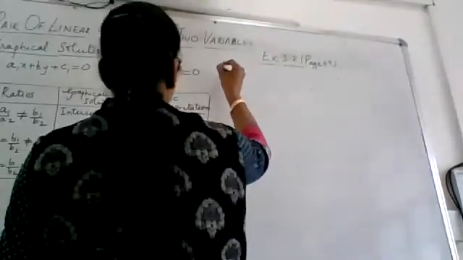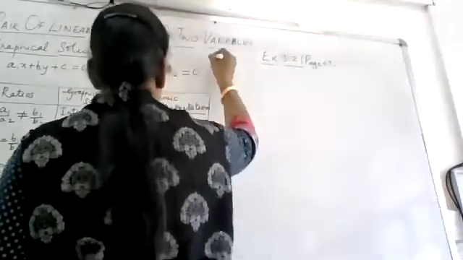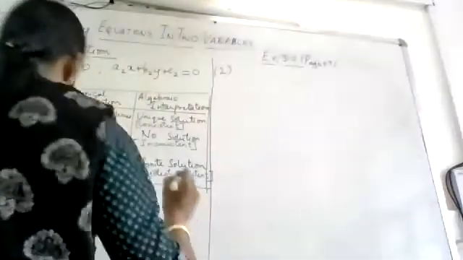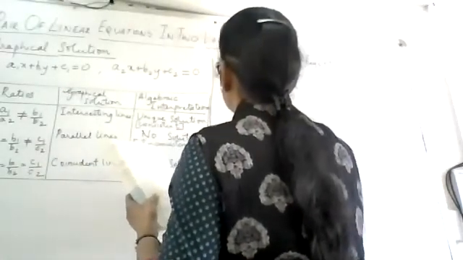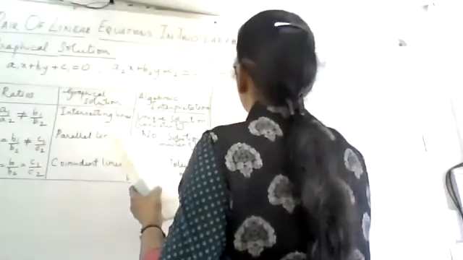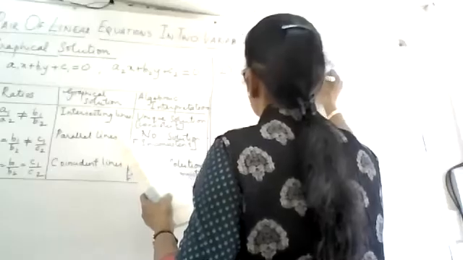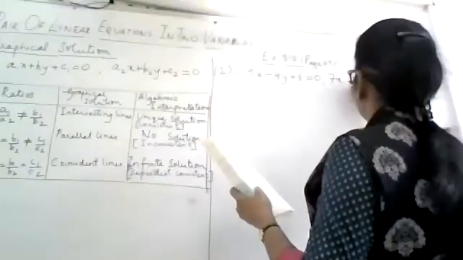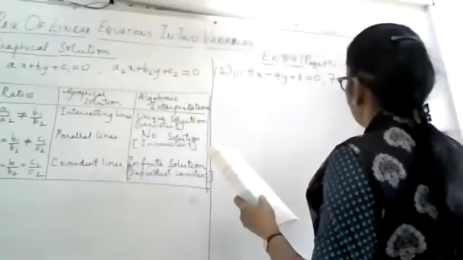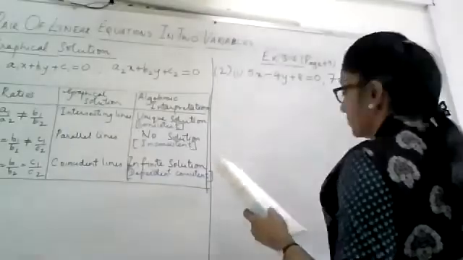This we have shifted to the second problem now, because it is asking me what kind of lines I am going to get. So the first set of equations is 5x minus 4y plus 8 equals 0. And then this is 7x plus 6y minus 9 equals 0.